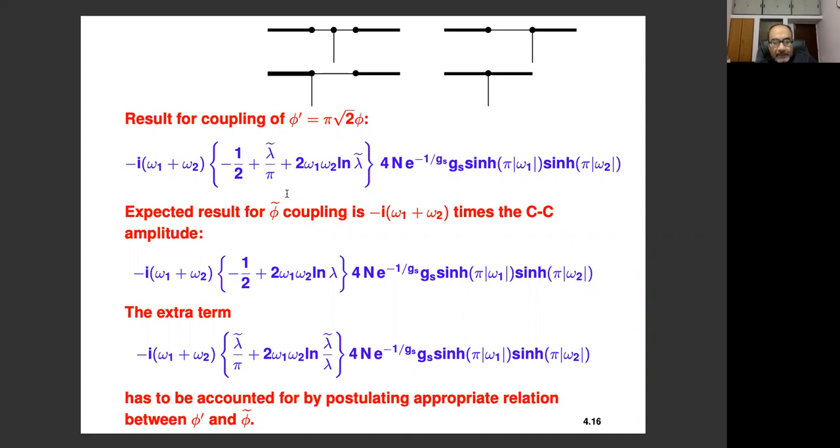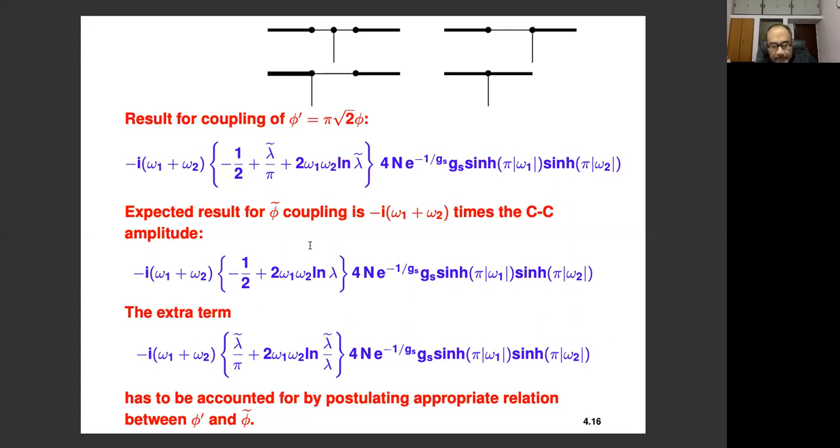On the other hand, for phi tilde, that's the genuine transition zero mode, the collective coordinate, the coupling should be minus i times omega 1 plus omega 2 times the CC amplitude. And the CC amplitude, the 2-point function on the disk, we calculated yesterday. That's the F, F of omega 1, omega 2. And if you remember, your result is this.